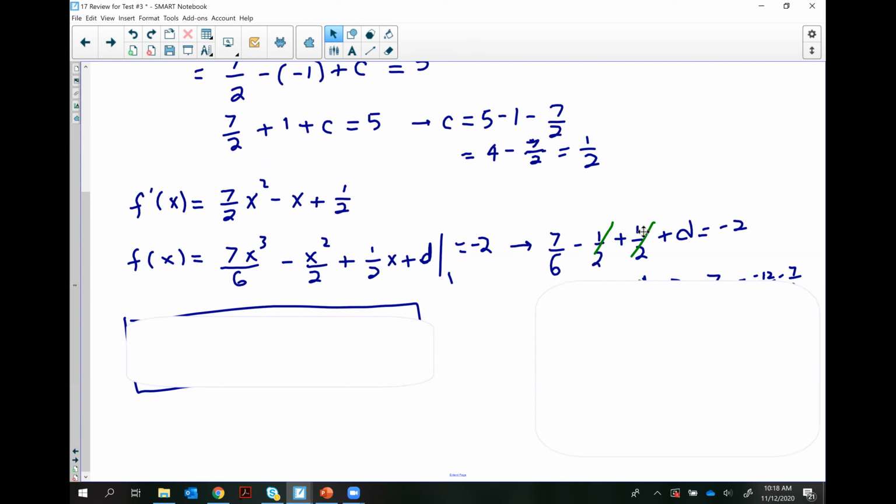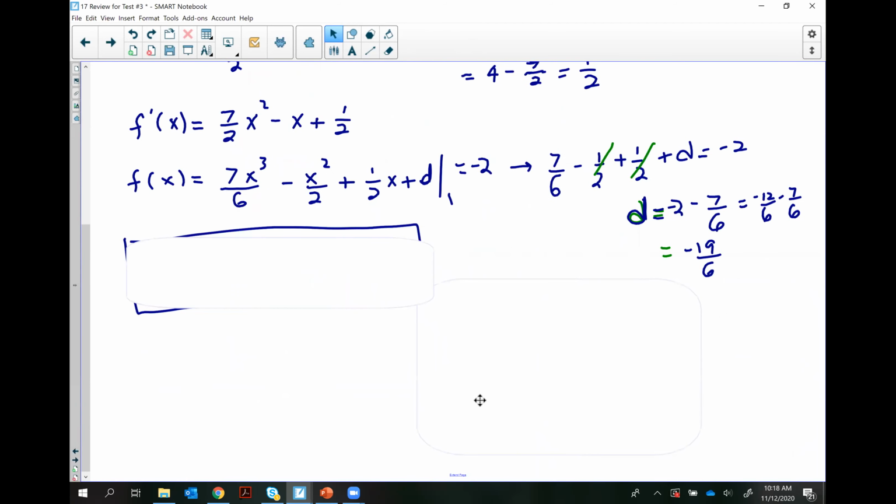And I noticed that -1/2, positive 1/2, they're canceling. I can subtract 7 over 6 from both sides to get d. So d is -2 minus 7 over 6. And if you get common denominators, you're going to get -19 over 6.